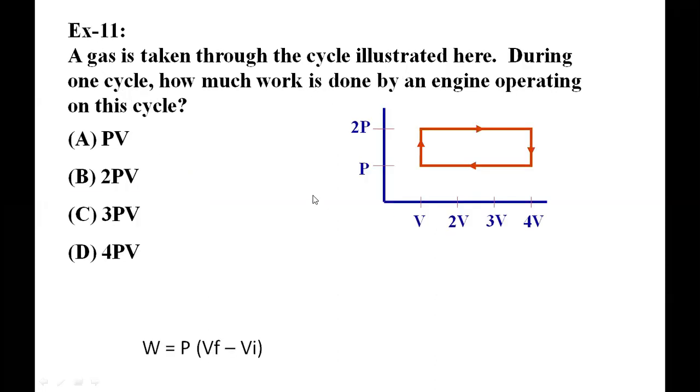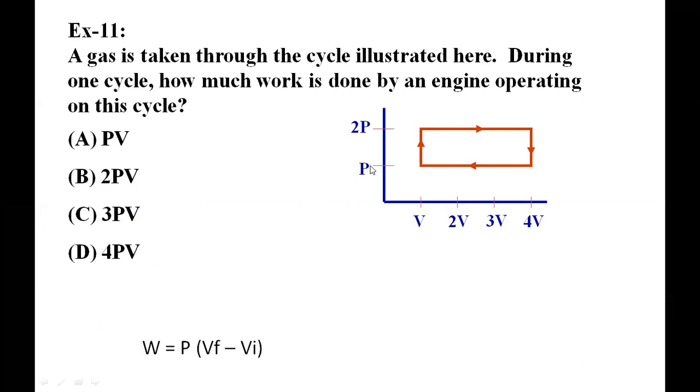Another example: a gas is taken through a cycle illustrated here. And then we have this cycle, and they ask how much work is done by an engine operating on this cycle: PV, 2PV, 3PV, or 4PV.